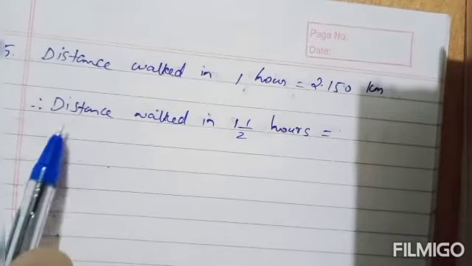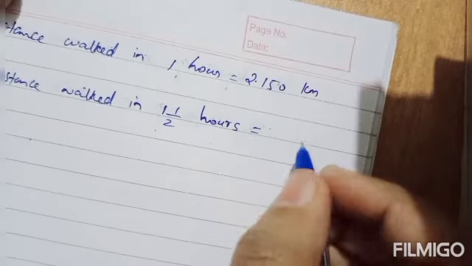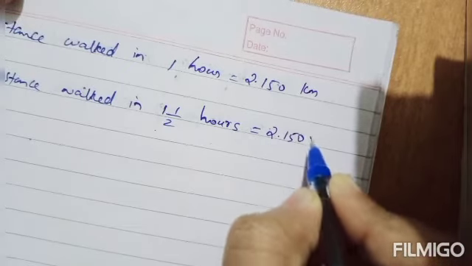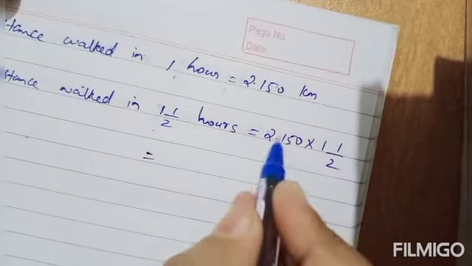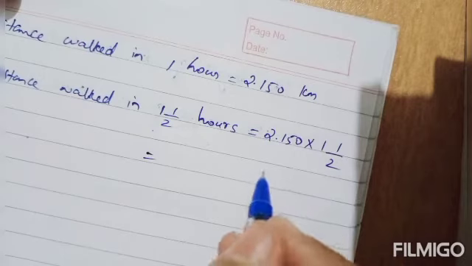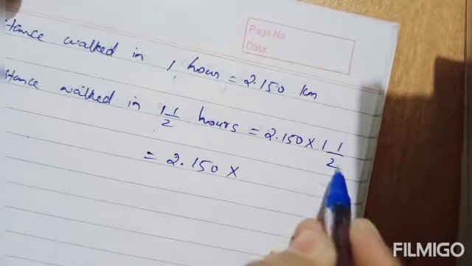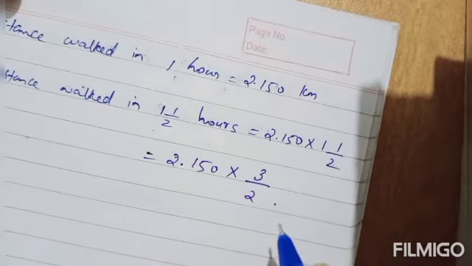So what will be the distance walked in 1.5 hours? Multiplication you can do. 2.150 into 1 and 1 by 2. First convert to an improper fraction. So 2 into 1, 2, 2 plus 1, 3 by 2 it will be.